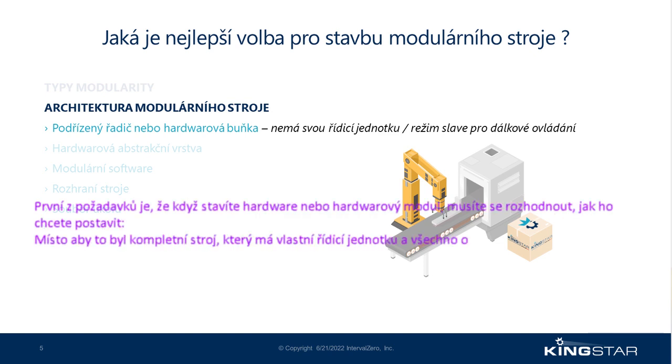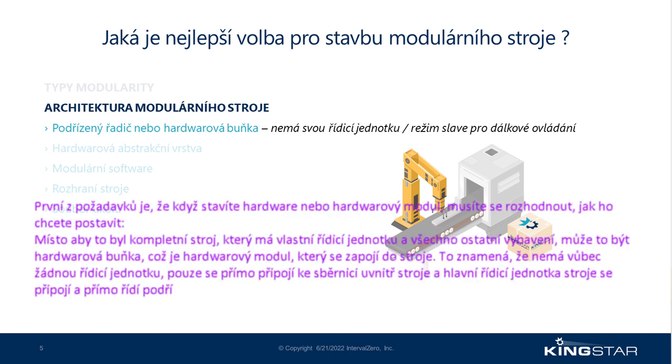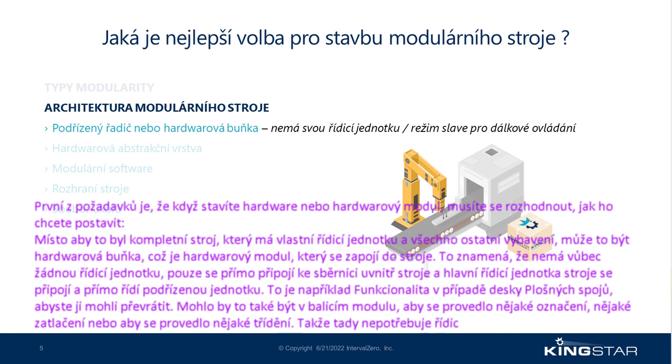The first one is when you're building a hardware module, you have to decide how you want to build it. Instead of it being a complete machine, which has its own controller, front end, and everything, it could be a hardware cell, which is a hardware module plugged into a machine. This means it has no controller at all.